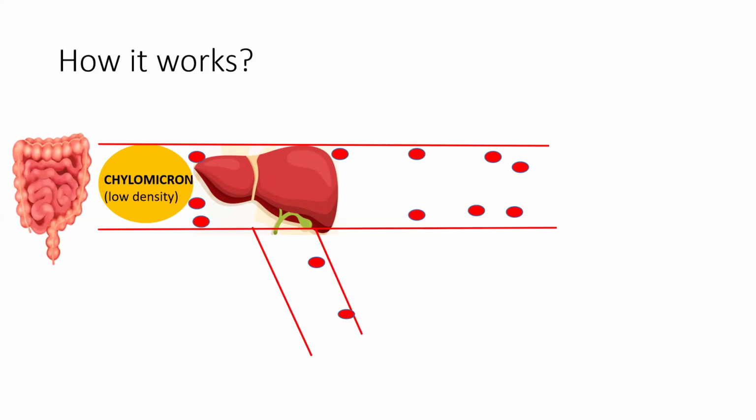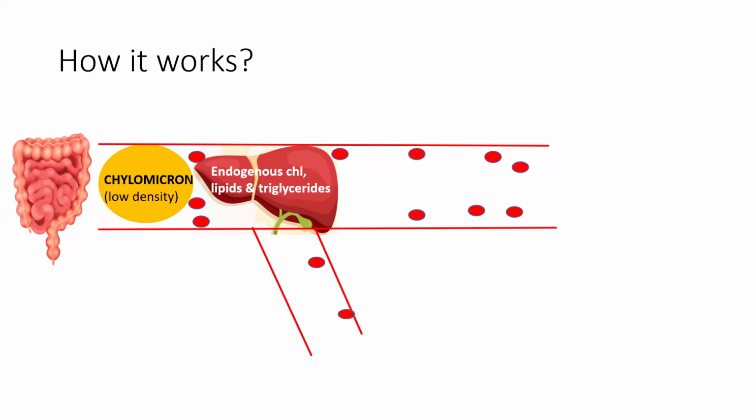The liver already has endogenous cholesterol, as we discussed previously, since the liver is the major organ for biosynthesis of endogenous cholesterol. It also contains other lipids and triglycerides.